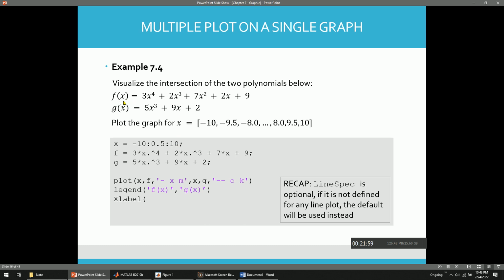Then you write the f function: 3 multiplied by x dot power of 4. For this case, you need to use array operations, so you have the dot.